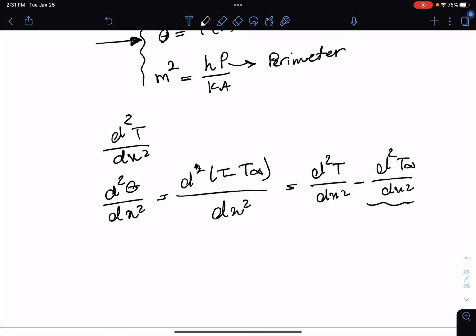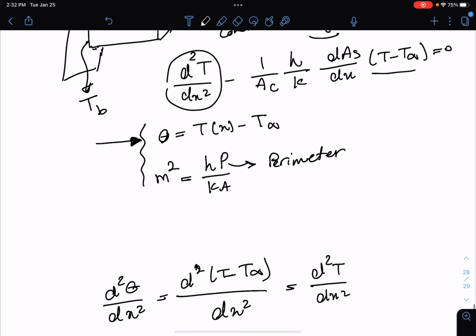What is this derivative? 0, because T infinity doesn't change, it's just a number. So d squared theta is equal to d squared T. Nothing changes there. What about T minus T infinity? It's literally the definition of theta, so we have to just replace this with theta.